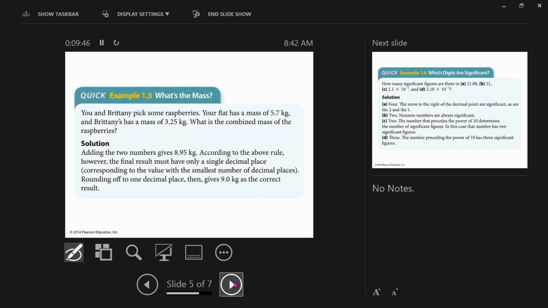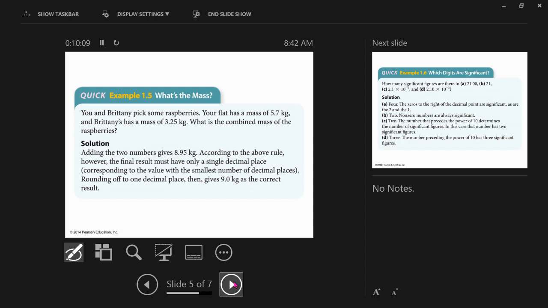Add them together. So add them together and give me the correct answer in correct significant figures. Do that on your paper right now. Don't read the solution. So find the combined mass of these two things right here in correct significant figures.